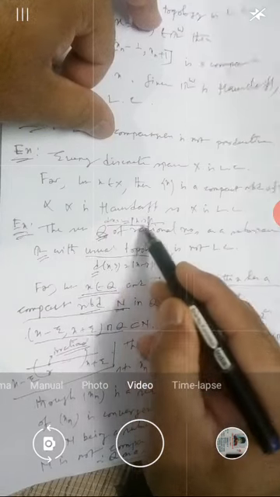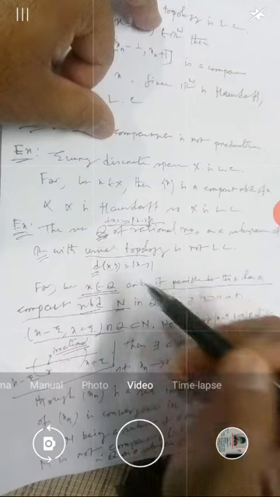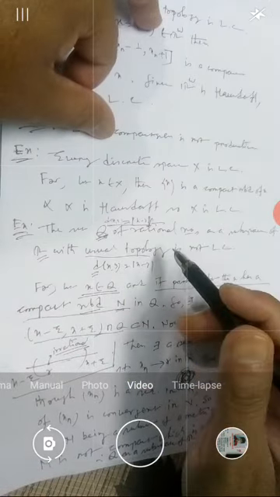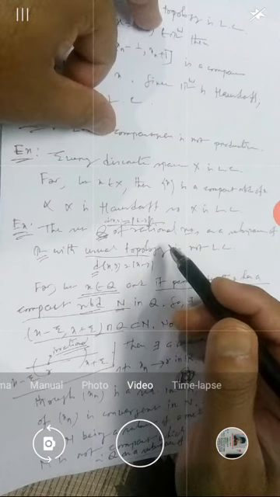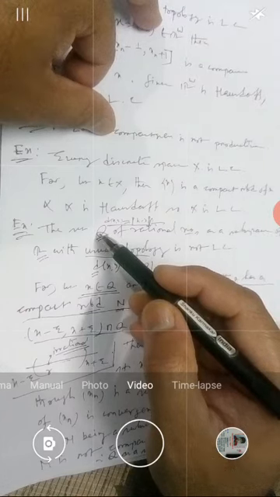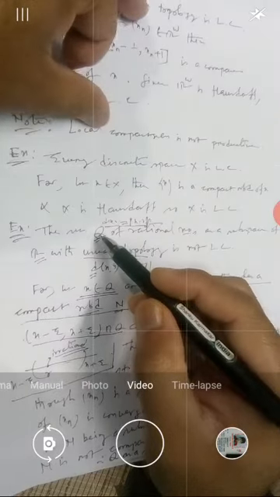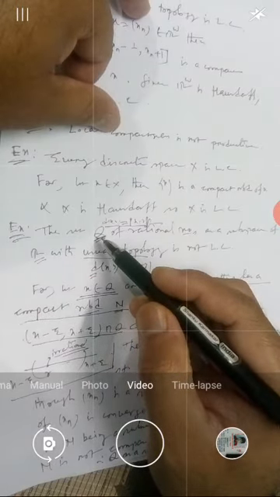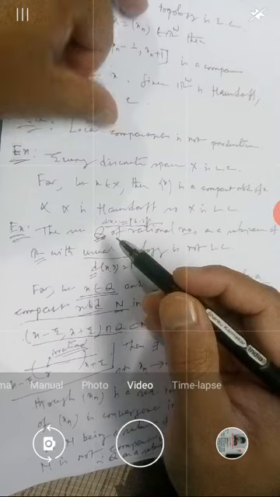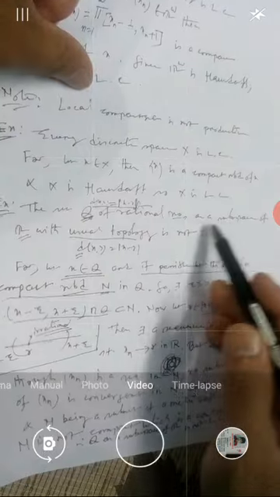Now if we change this distance measuring tool, if we use the discrete metric in Q to measure distance between any 2 points of Q, then we will get the discrete topology on Q. So every subset of Q will be compact, so every singleton will be a compact neighborhood. So Q will be locally compact if we consider the discrete metric. But if we consider Q as a subspace of R, we have just proved that it is not locally compact.